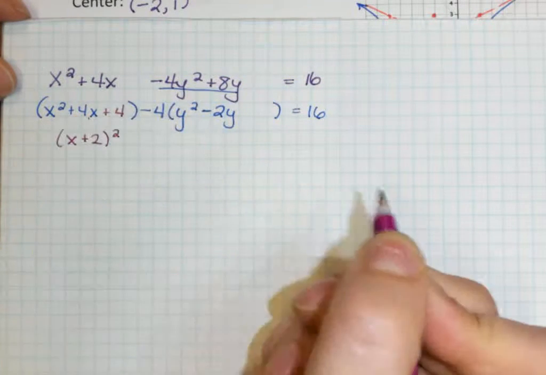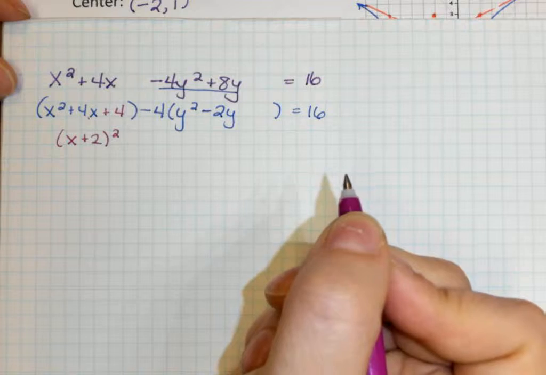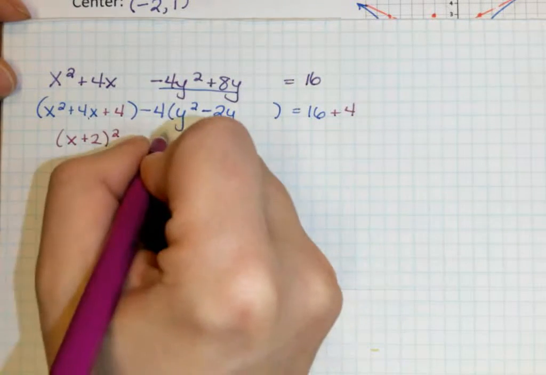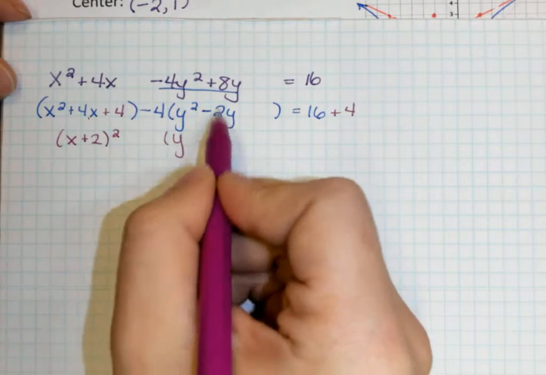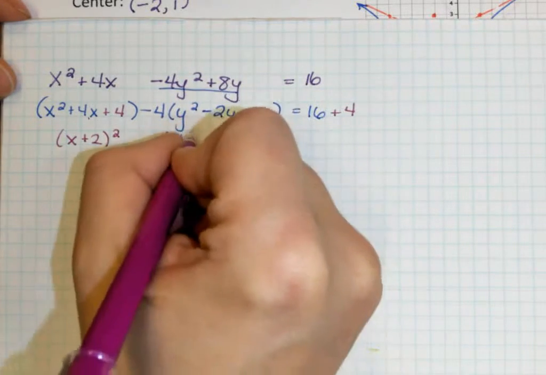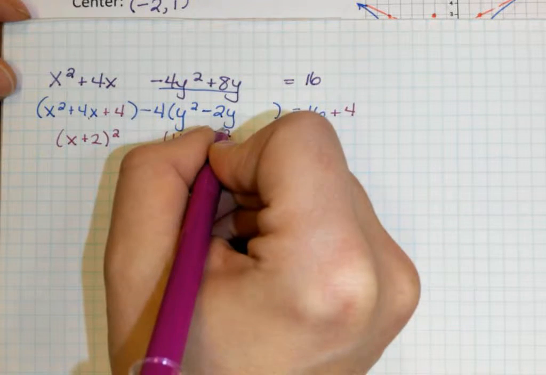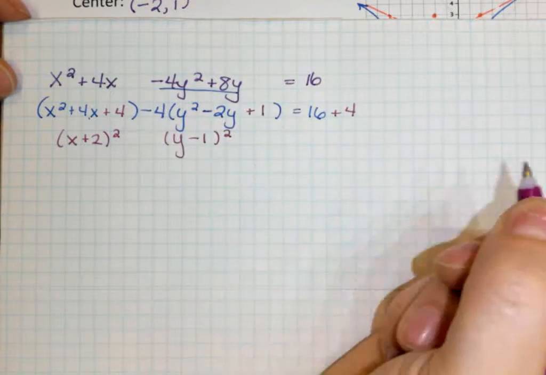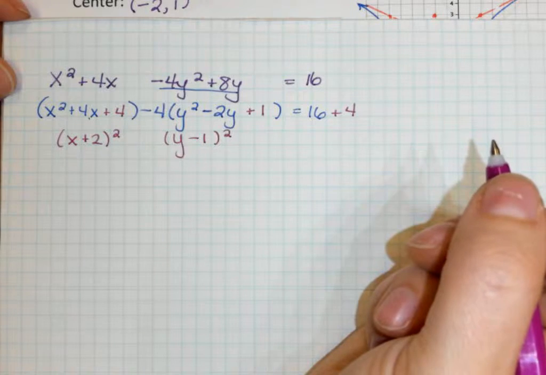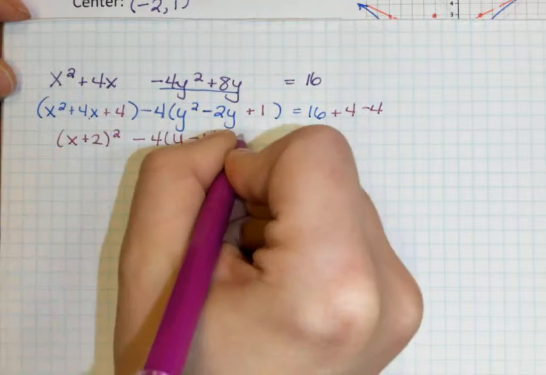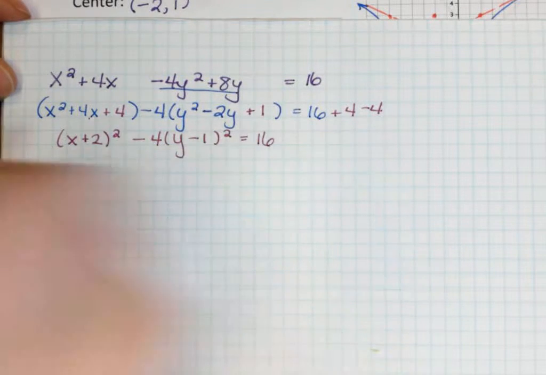What did I just put into my equation? 4. I didn't change anything. It was just the 4. So then I'm going to do this one. Half of that, minus 1 squared, plus 1. But what did I just put into my equation? Minus 4. So that's equal to 16 now.